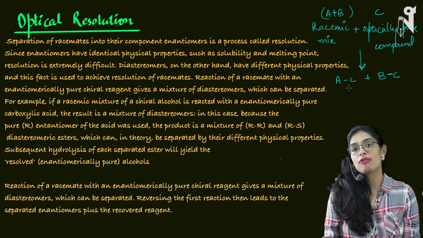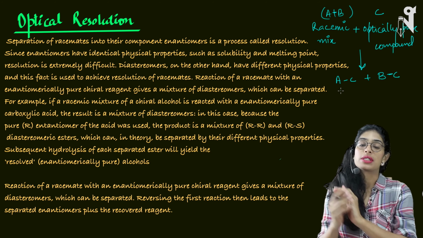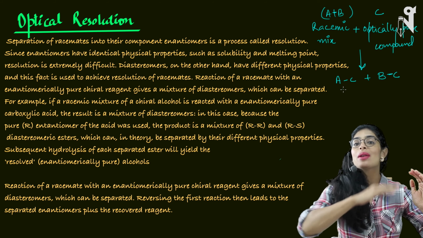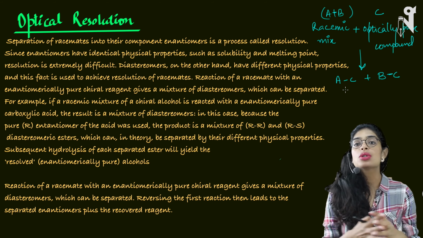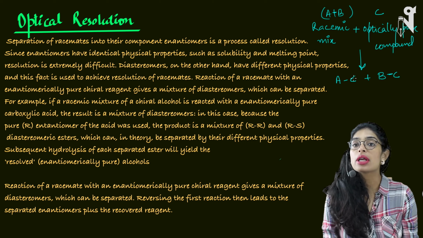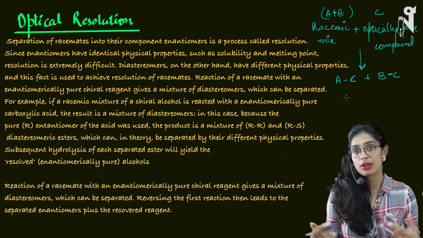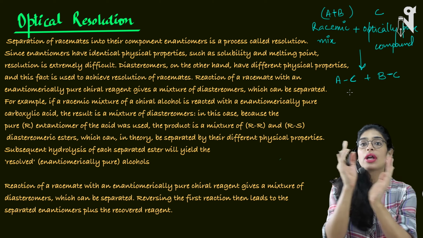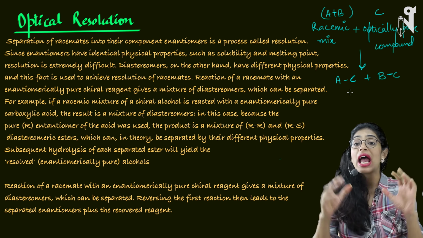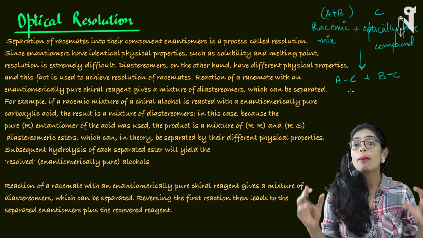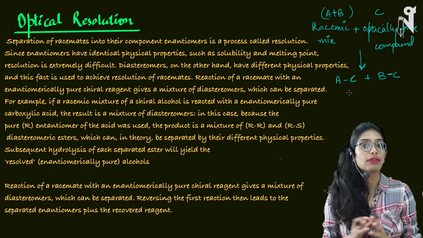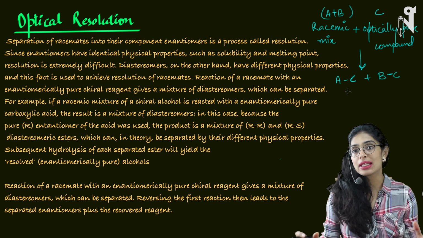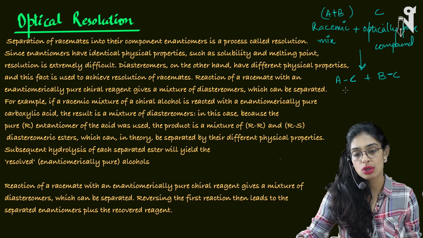C was optically active. Individually, A and B were optically active, but in the solution it was a racemic mixture and the solution was optically inactive. So when A reacts with C, it forms one kind of compound, and when B reacts with C, it forms another kind of compound. We cannot say whether these two compounds will be optically active or not, but at least we can say that these two will be diastereomers of each other.